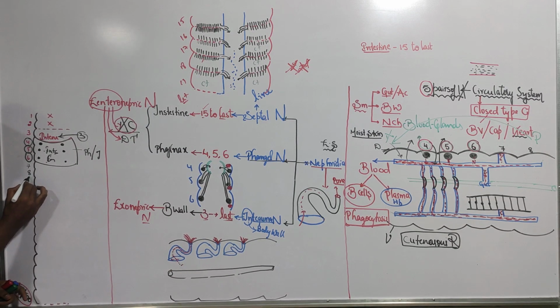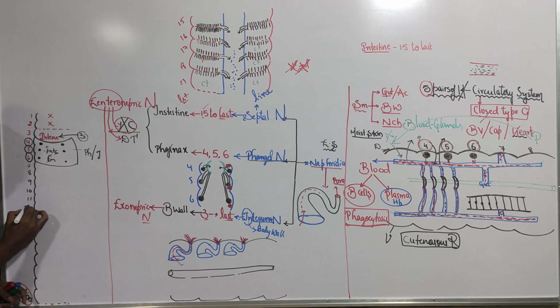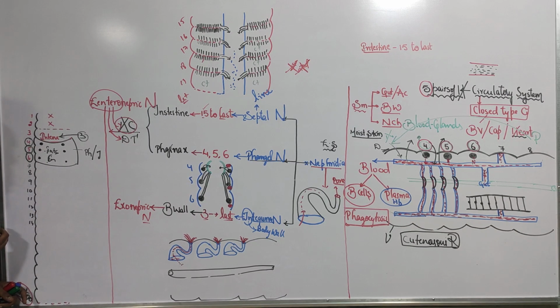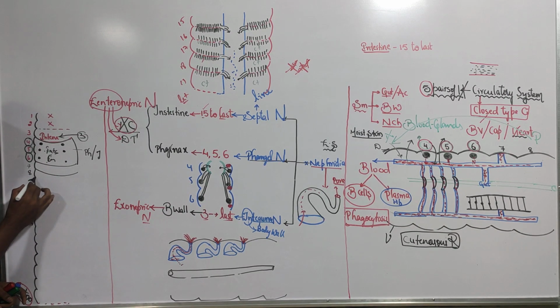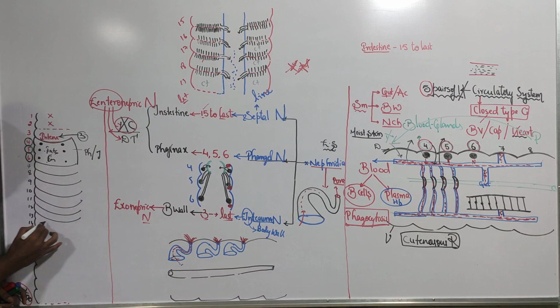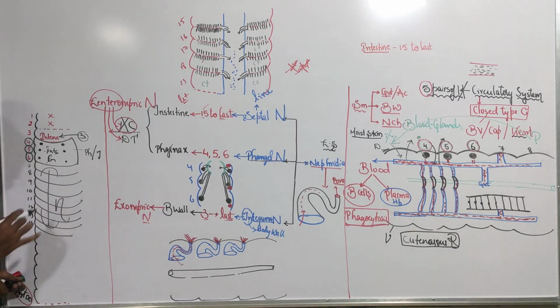Next, once again, the 7th, 8th, 9th, 10th, 11th, 12th, 13th, 14th segments. From 7 to 14, once again we will see only integumentary nephridia.